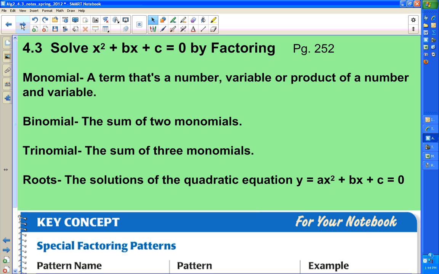When we talk about roots, we said another name for roots is what? There's 2 other names for roots. What are they? They're in your notes on Friday, hopefully.